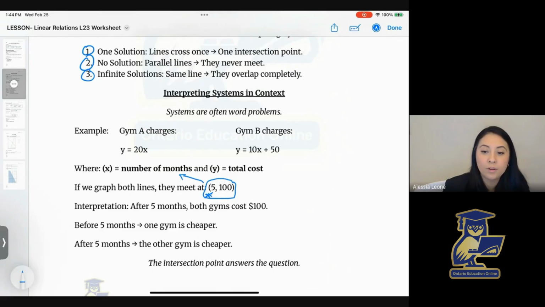That's their intersection point. So before 5 months, one gym is cheaper. After 5 months, one gym is cheaper. The intersection point answers the question.